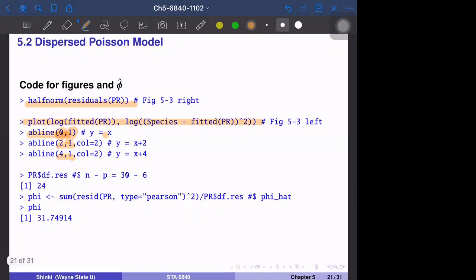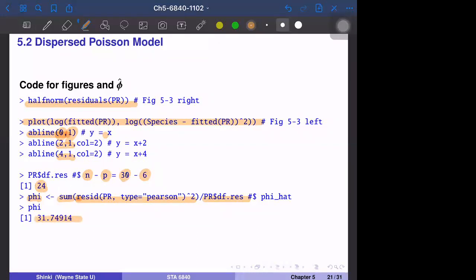Now we estimate phi. At first we calculate the degrees of freedom: the number of observations is 30, and the number of variables is 5, so including the intercept we have 6 parameters. So the degrees of freedom is 24. We take the sum of the squared residuals, then divide by the degrees of freedom, 24.